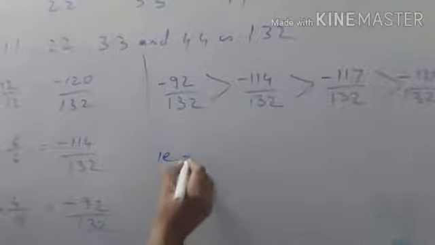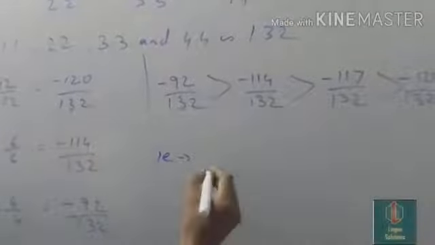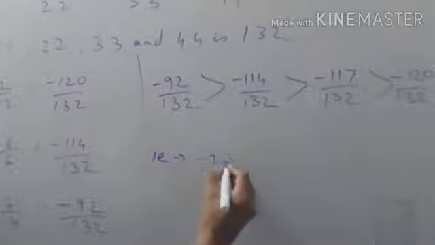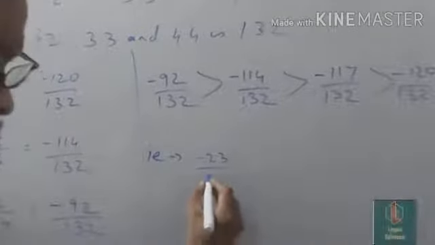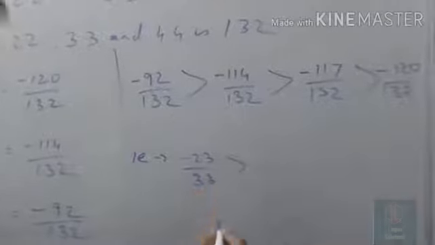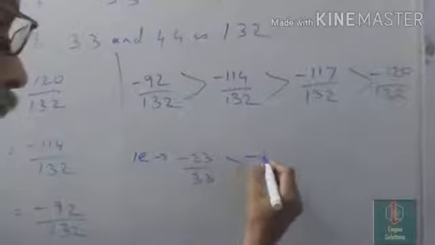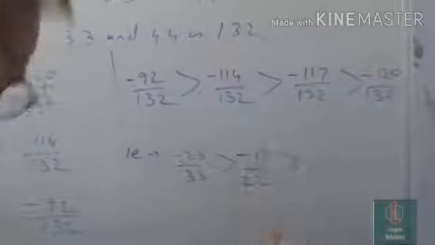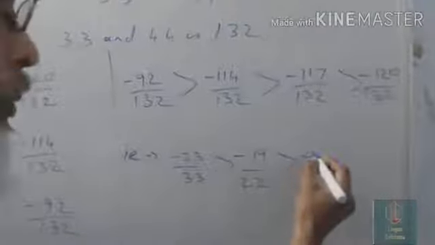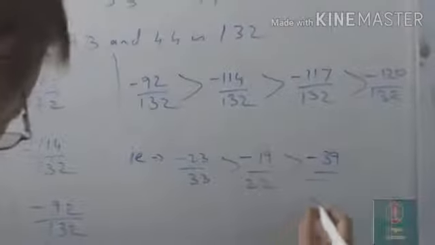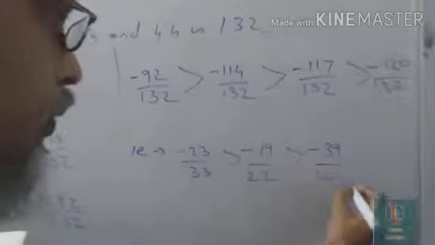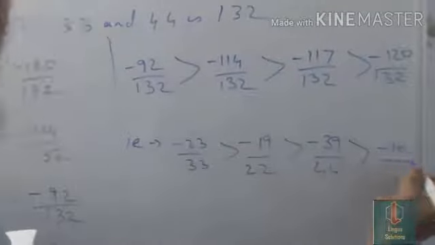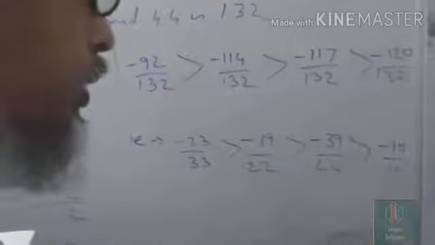That is minus 23 by 33 is greater than minus 19 by 22 is greater than minus 39 by 44 is greater than minus 10 by 11. This is the answer.